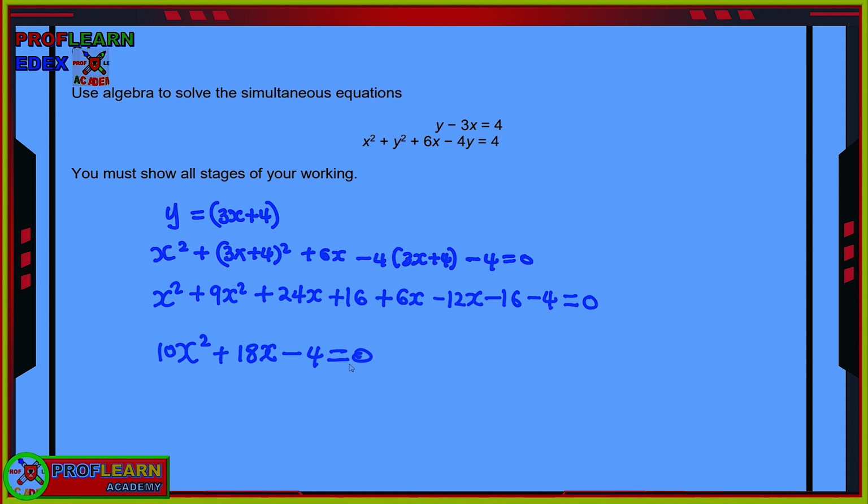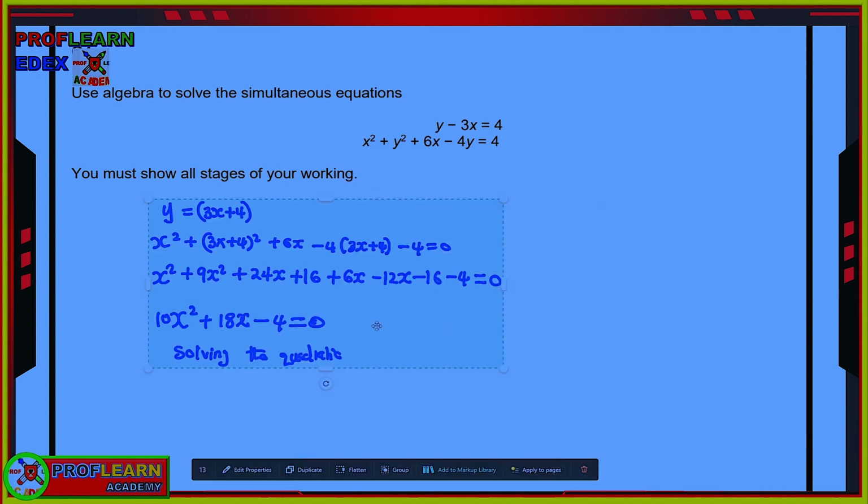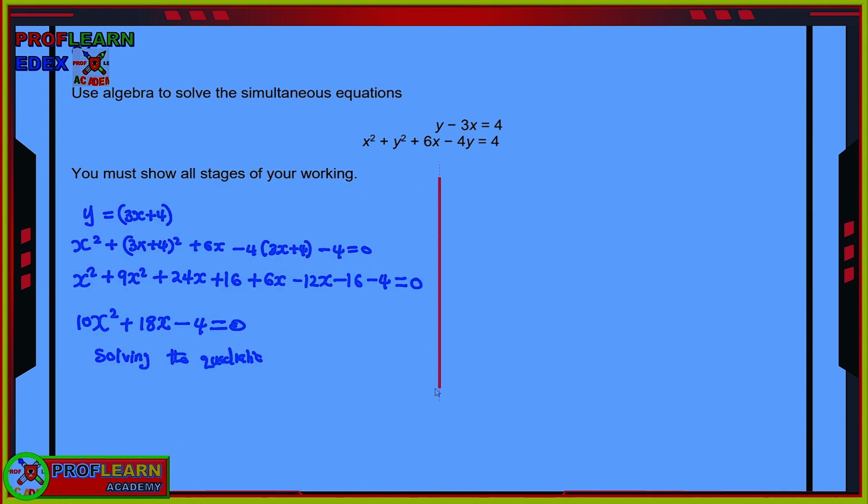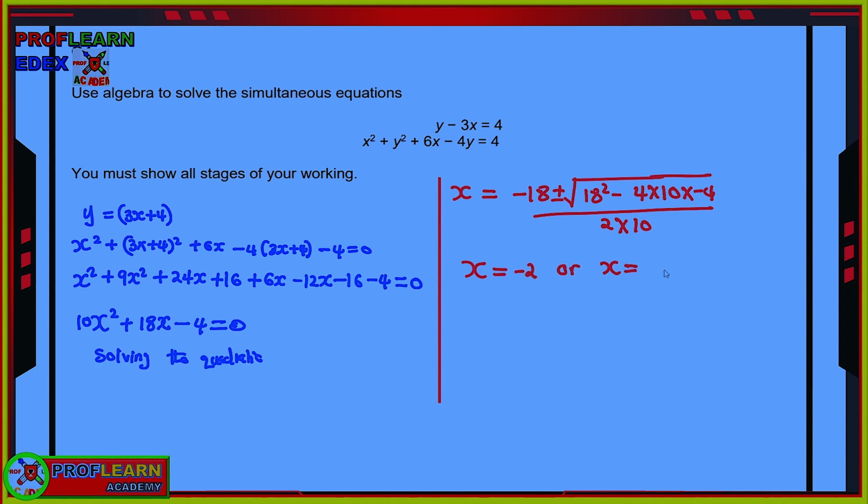Solving this quadratic equation, we get the values of x, and once we get the values of x, we are going to substitute them into y equals 3x plus 4 so that we can also get the value of y. Solving for x here, we get x being -2 or x being equal to 1 over 5.